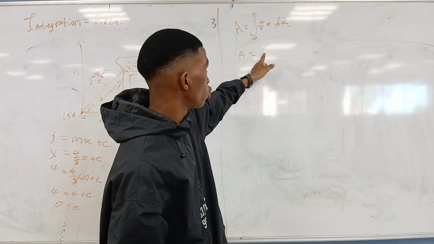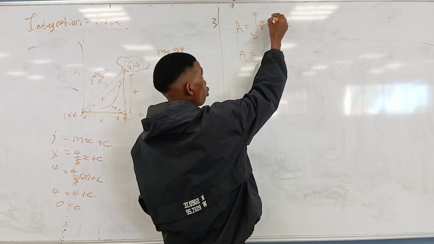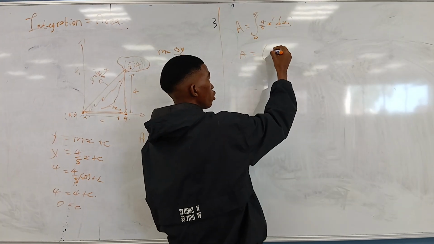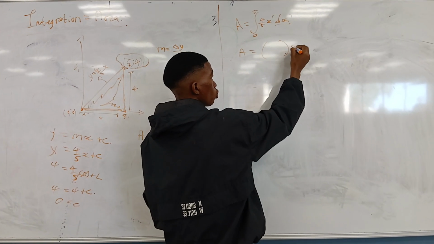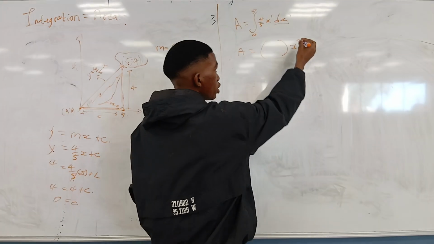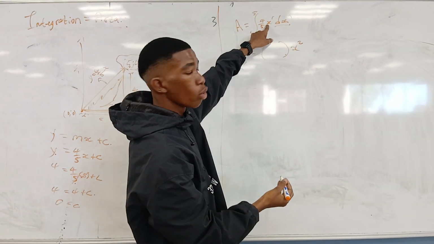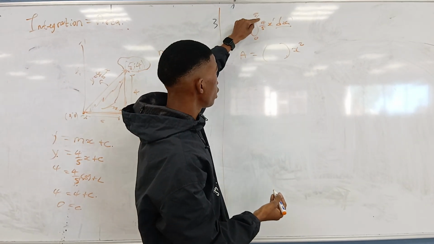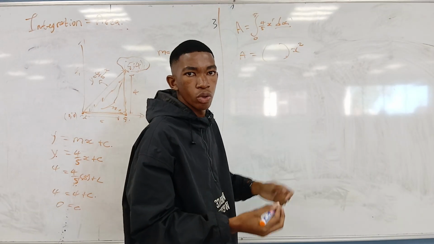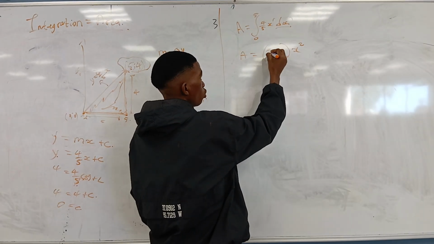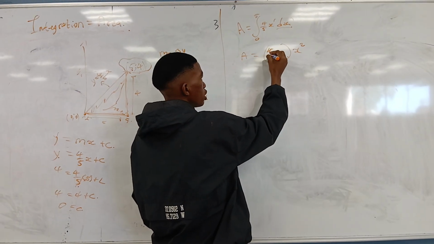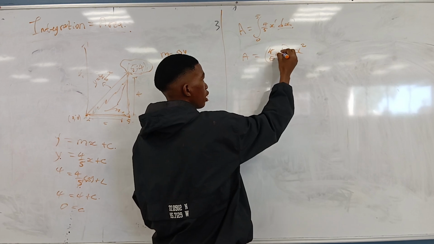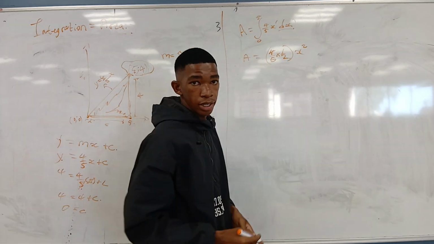But then in integration, you're going to add 1, meaning we're going to have 1 plus 1, which is going to give us 2. So we're going to have x squared. Then we take this 2, we divide the coefficient. Dividing 4 all over 5 by 2 is simply the same as 4 all over 5 multiplied by half, right?